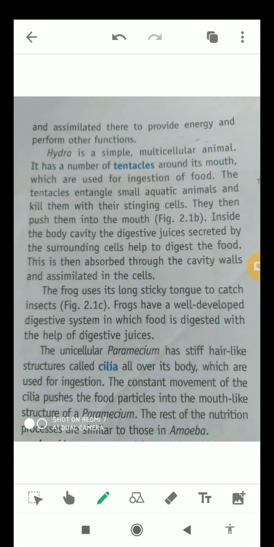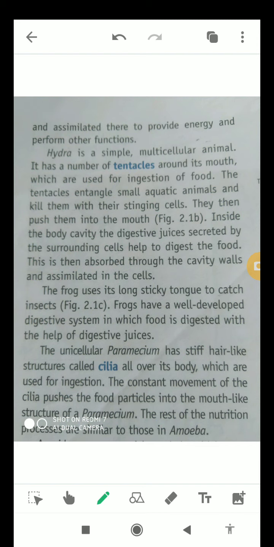And frogs have a well developed digestive system also, in which food is digested with the help of digestive juices. So digestive juices perform the function of digestion very finely.